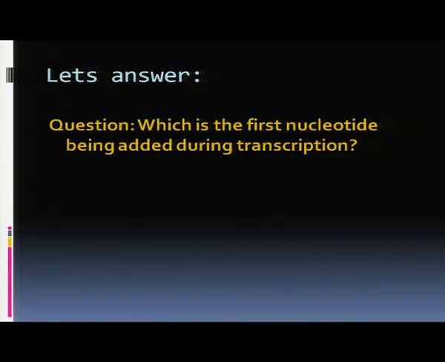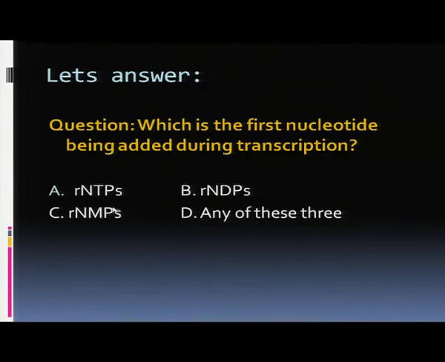The next question, which I added here, is an important question: which is the first nucleotide added during transcription? Here are some options: ribonucleoside triphosphate, ribonucleoside diphosphate, ribonucleoside monophosphate, or any of these.